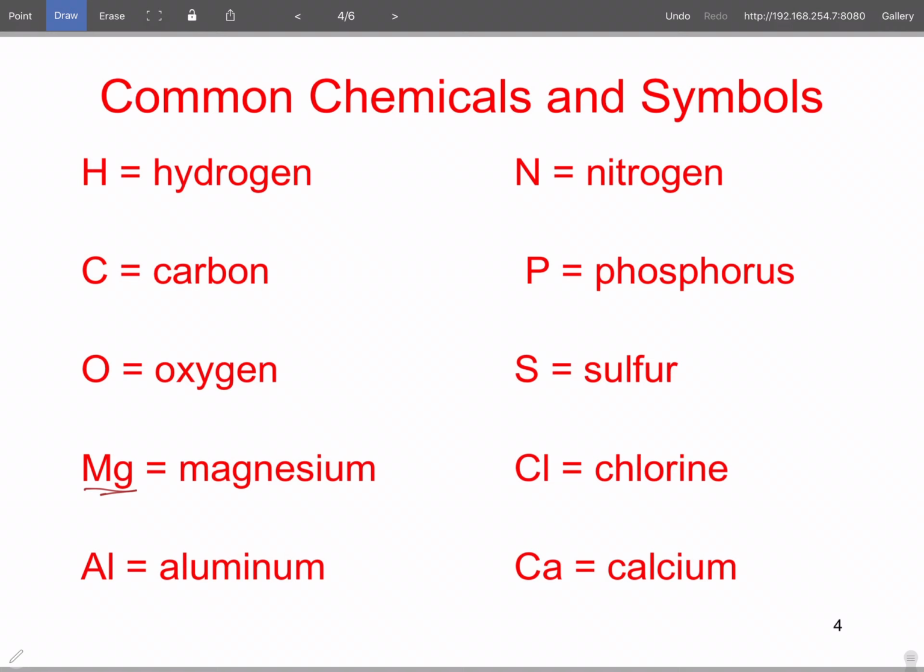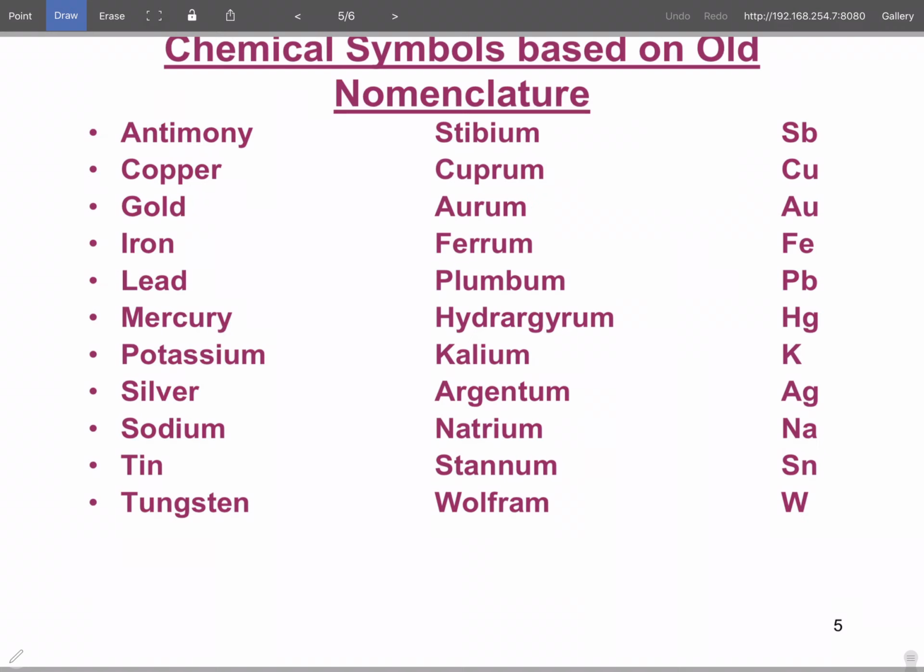Now, some of the other ones that are very commonly used, not so much. So antimony obviously has the symbol Sb. What? Well, that's because it's based upon old nomenclature. And the reason why I'm going through these is you need to know them.